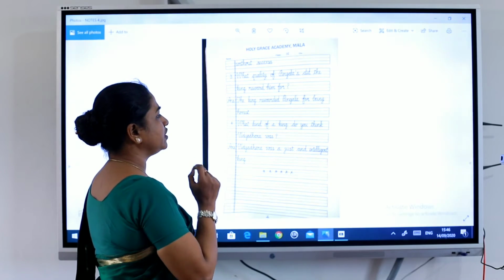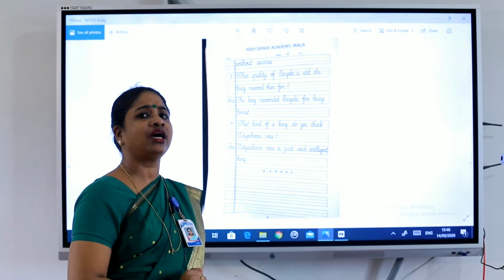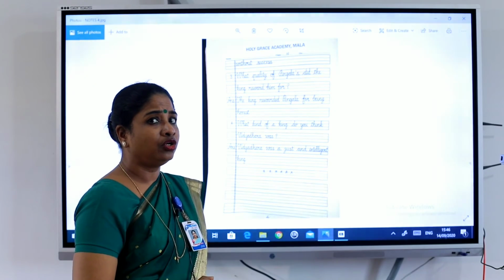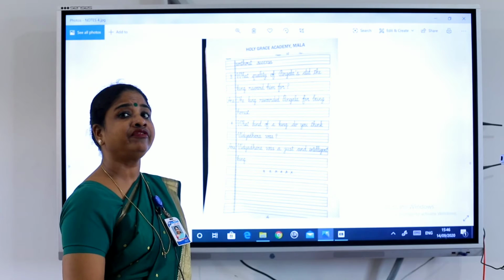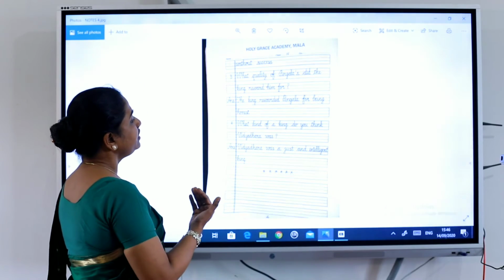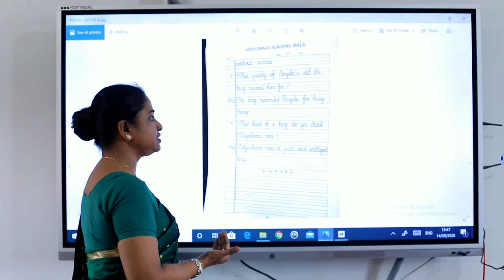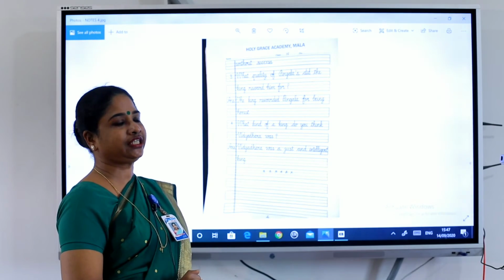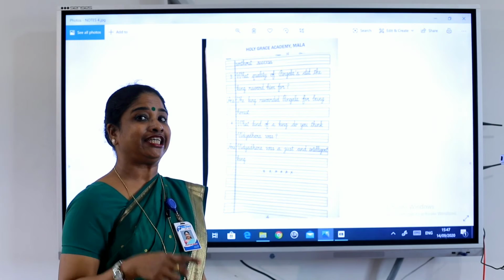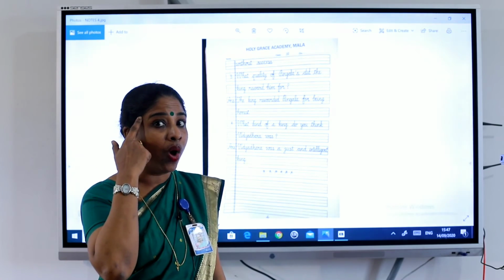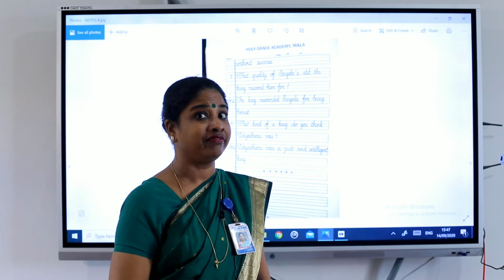What kind of a king do you think Vidyadhara was? You must admit that he was very clever, and that's what we have written. Vidyadhara was a just and intelligent king. I'll say that the word intelligent is a synonym for wise and also clever.